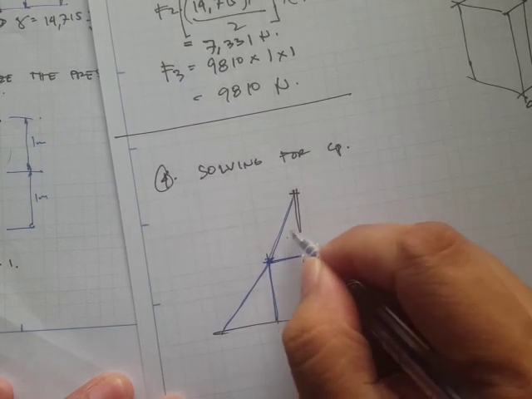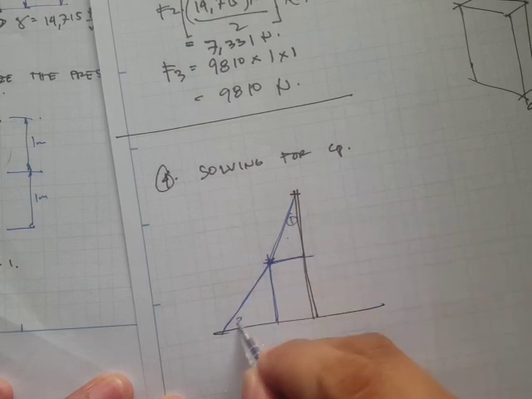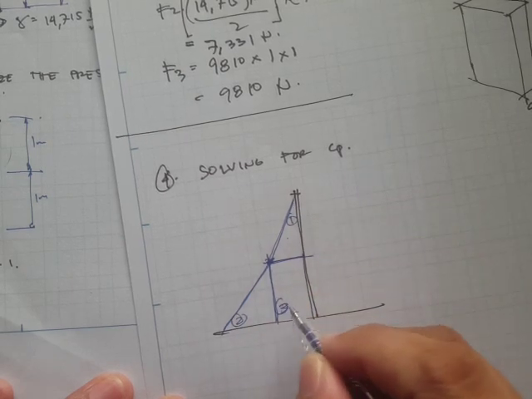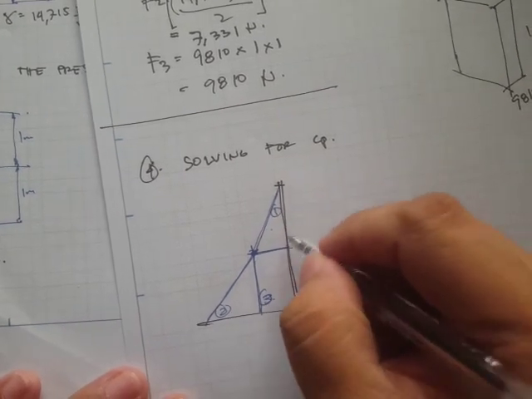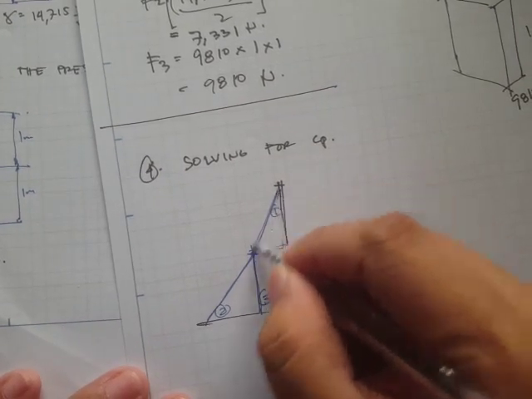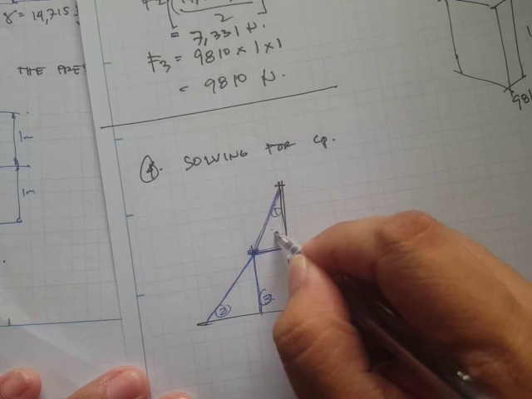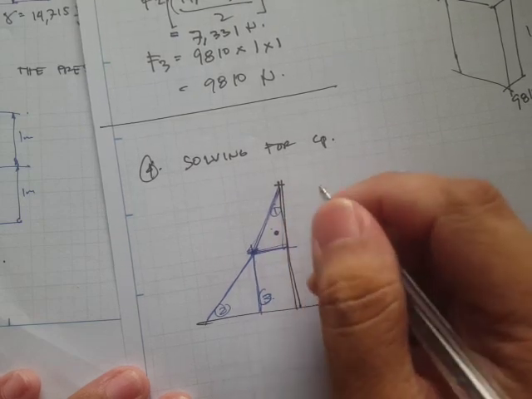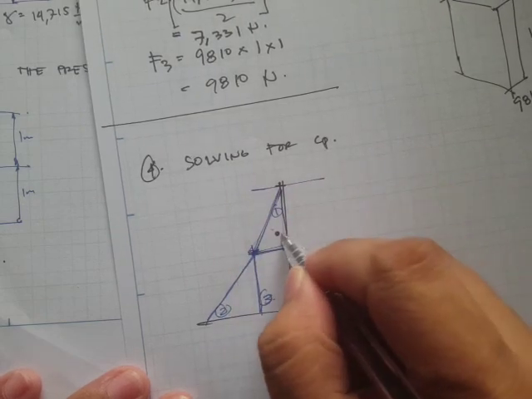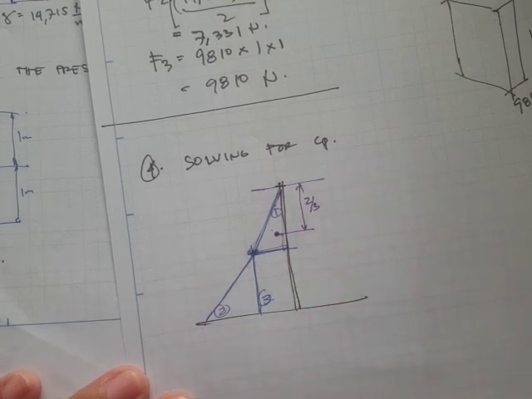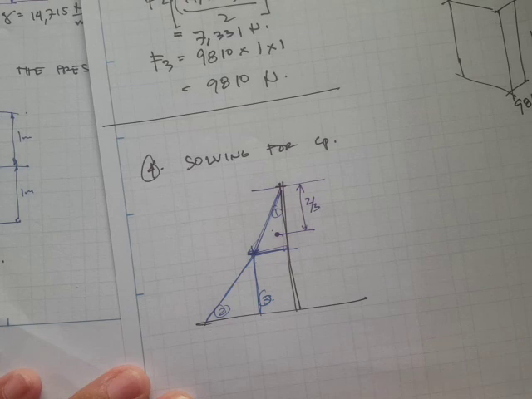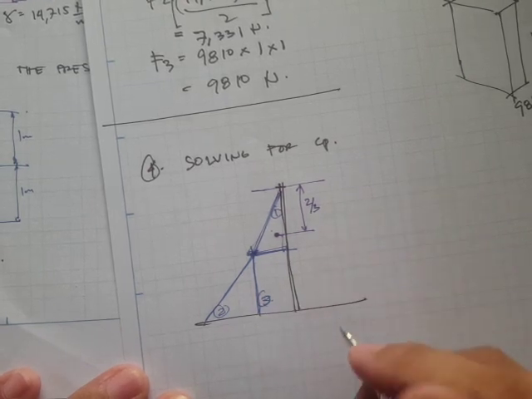This is our 1, this is our 2, and then this is our 3. Now let's locate the centroid of this area. For prism number 1, the centroid is 2/3 from this. So 2/3 times 1, so it's just 2/3.